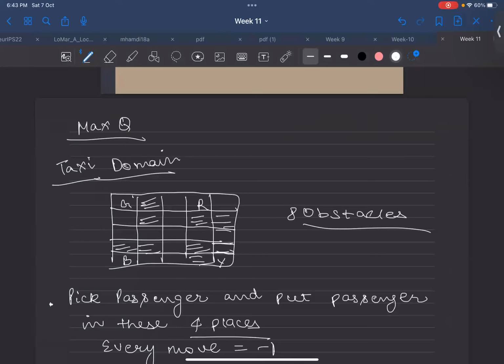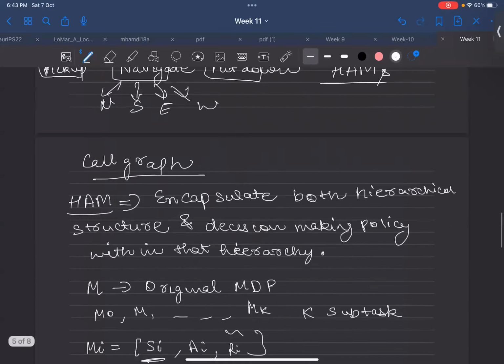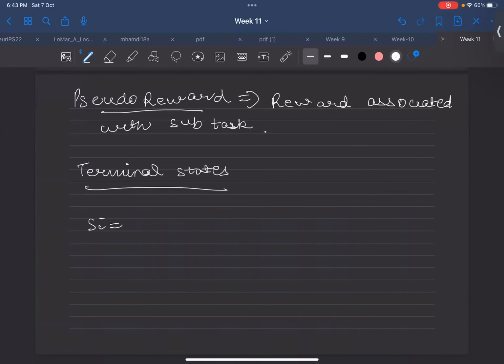Suppose I want to go to G, then what is the terminal state? It's G, once we reach there. So basically, wherever I want to reach, we can have one set of active states and one set of terminal states. Let's denote active states as Si and terminal states as Ti.